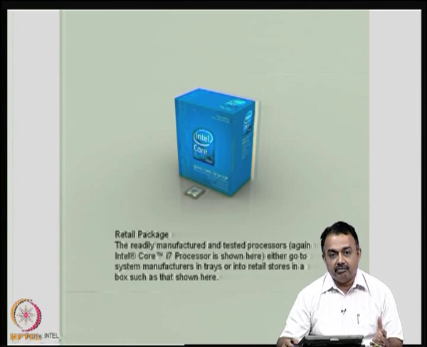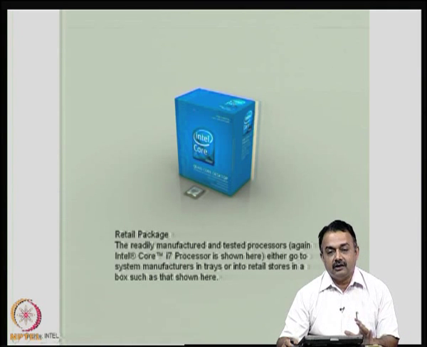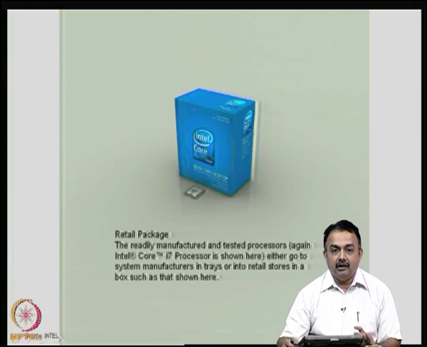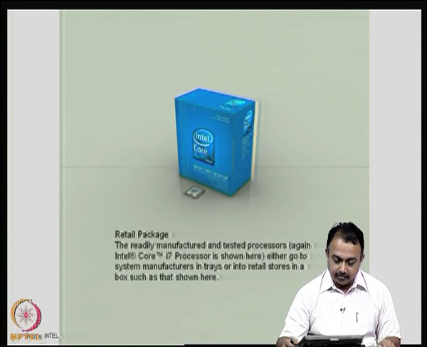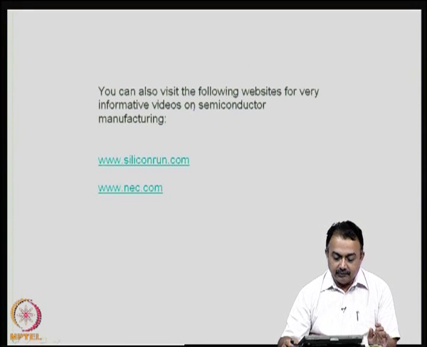Similarly, there are other companies globally that manufacture various microprocessors, microcontrollers and so on, that will be used by various customers for different applications. It can be in automotive, it can be in consumer electronics, it can be in communication areas and so on. So, what I have tried to give is a very brief description.